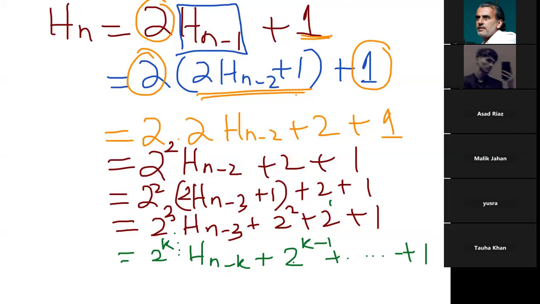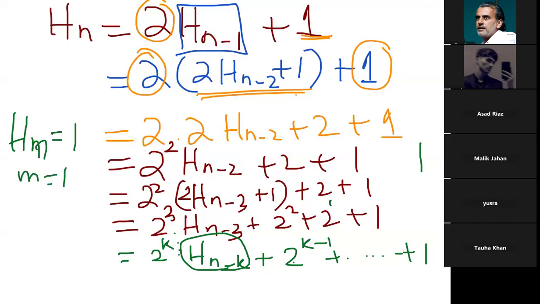So the question is, what would be the last power of 2? Or in other words, what would be the step where hn minus k can be substituted with something whose answer is convenient? So if we recall the first expression, we said that hn for m can be 1 if m is equal to 1.